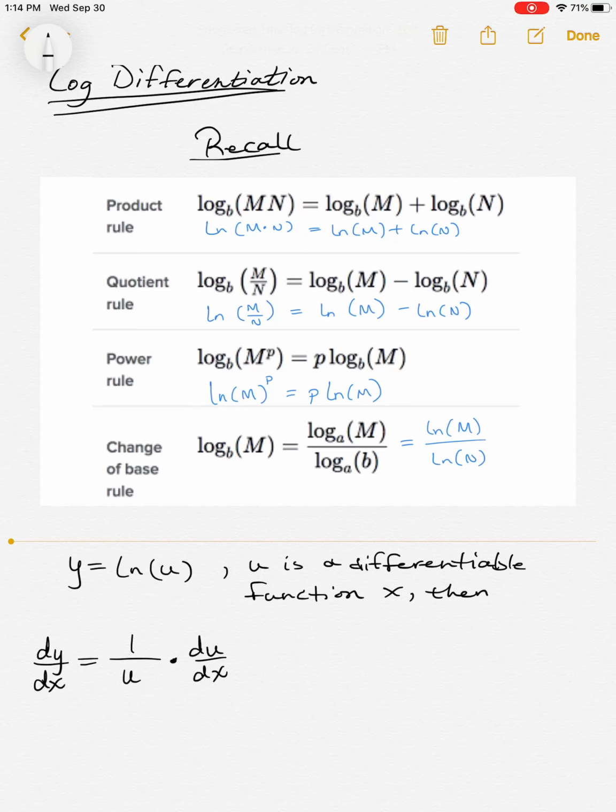And anytime you take the derivative of natural log, it'll be 1 over whatever the expression on the inside is. That's every time.